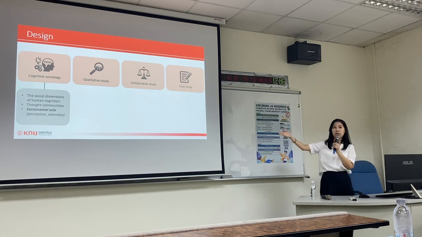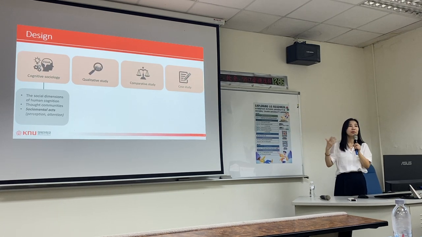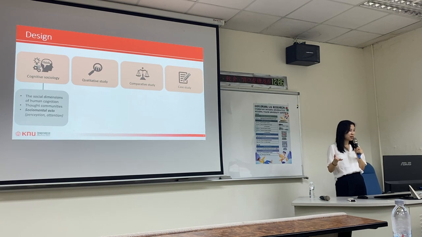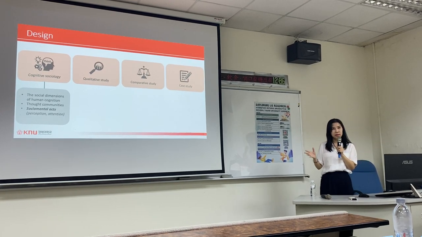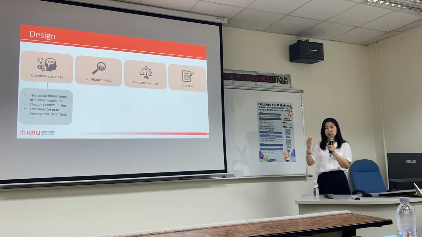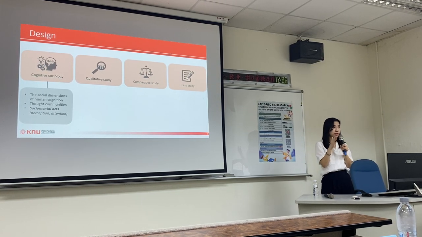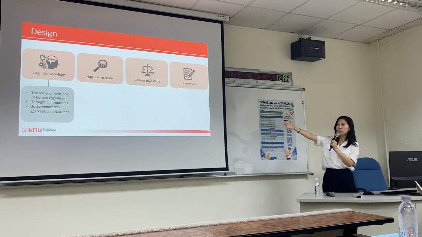This theory also suggests that some of our cognitive acts can be social. Of course, it's still individual cognition, but some cognitive acts can be social, such as perception, like perceiving or interpreting certain things. Also attending to certain things, like paying attention, can be a social activity, which is called social mental act.